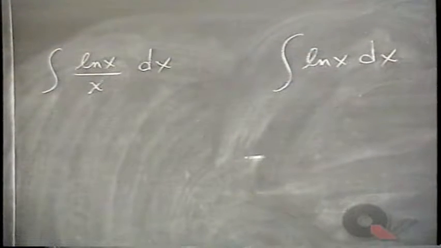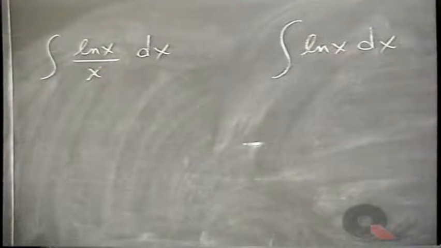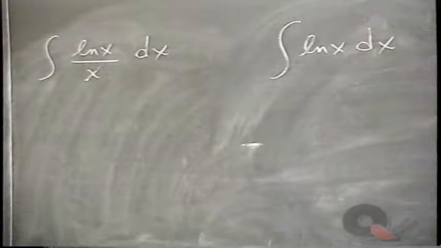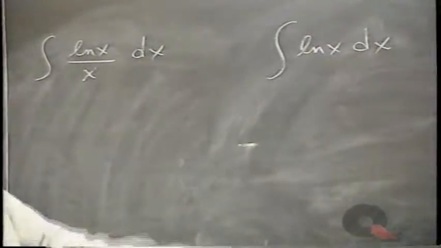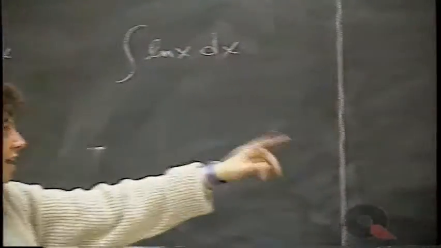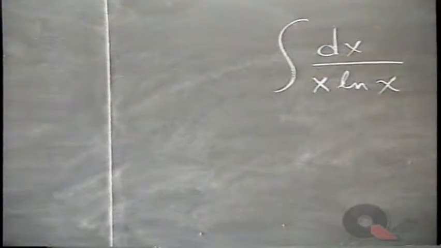Now, the question is which are in basic form and which require integration by parts. We know that these involve a mixture of algebraic and transcendental. Here also, it turns out that the first and the last are really in basic form. Let's see if we can understand that.